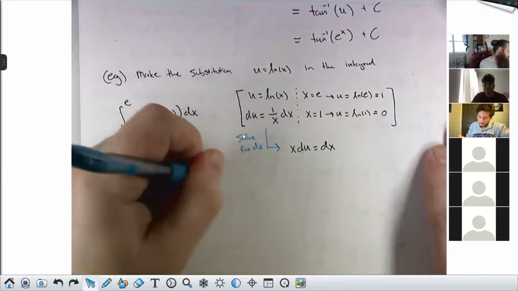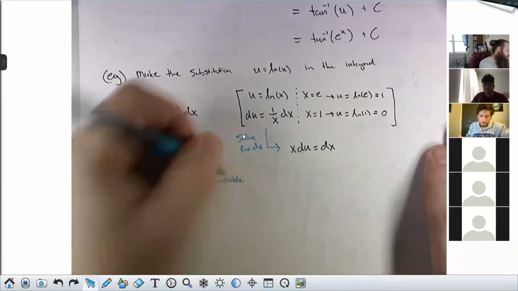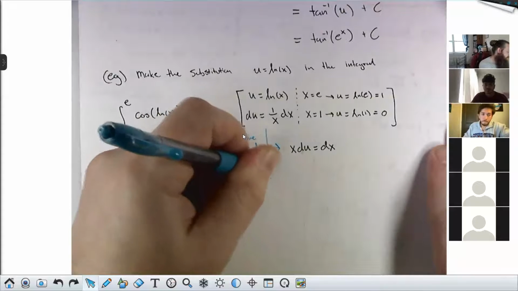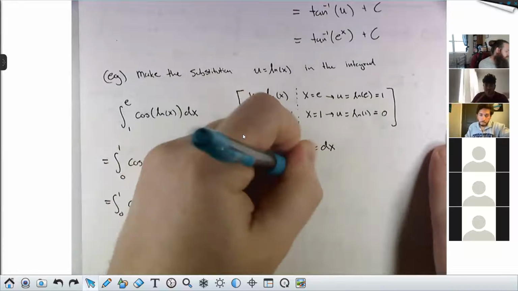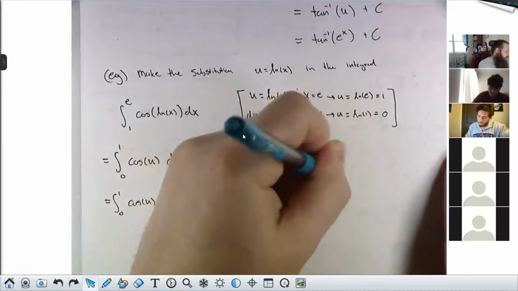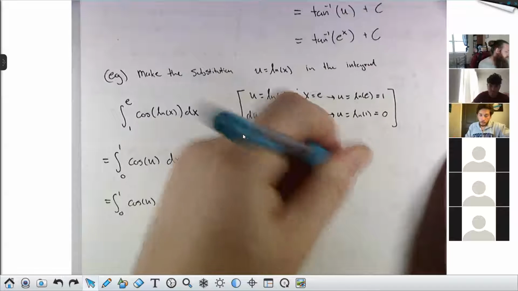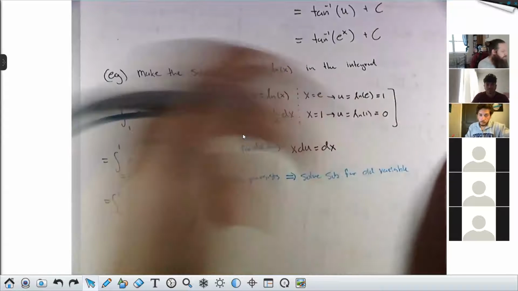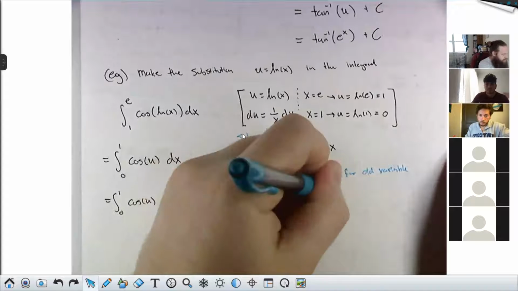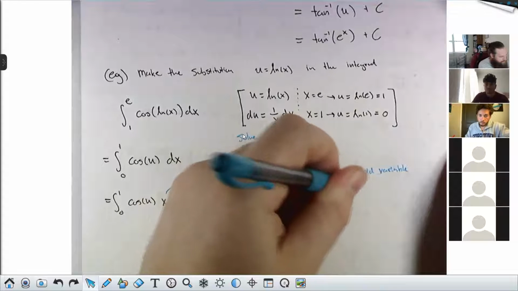So, old variables persist. Solve the substitution for the old variable. So what was my substitution? I had u equals the natural log of x.